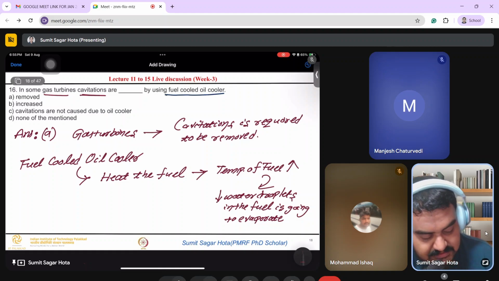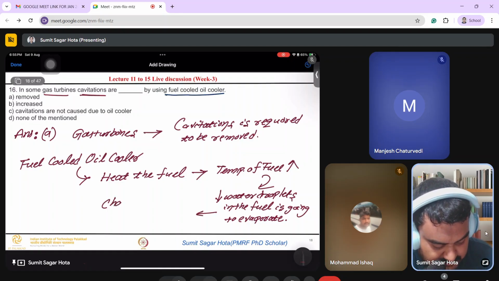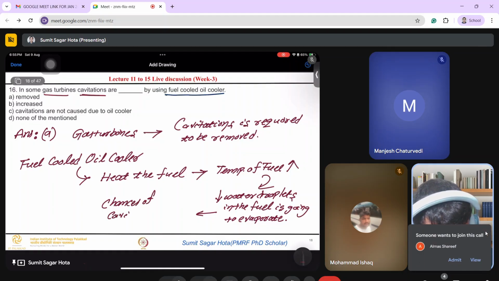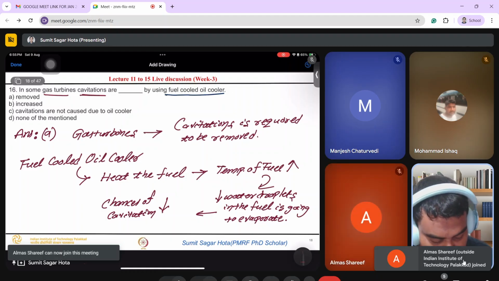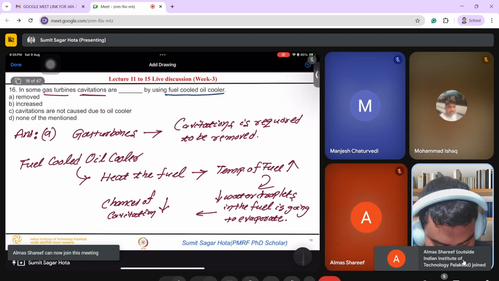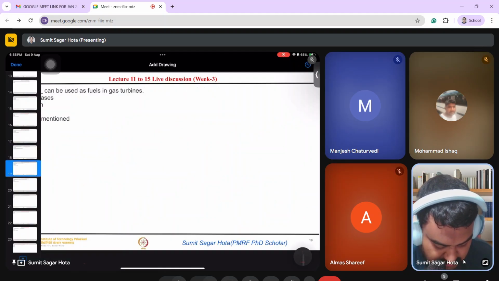When the water droplets decrease, the chances of cavitation are going to decrease. This is the story. Let's go to the next one.